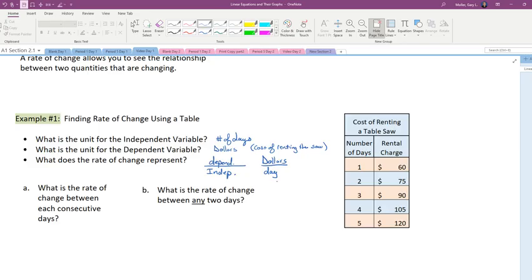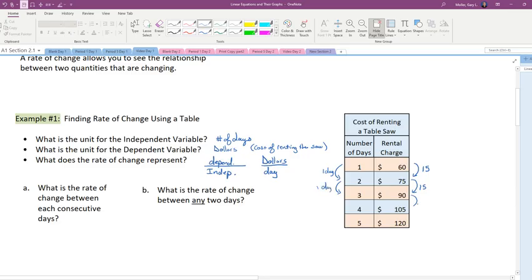Okay, what is the rate of change between each consecutive day? And so if I look at just day one to day two, then I see that I go up $15 and this goes up one day. If I look at the next consecutive, that goes up $15 and the independent goes up by one day.